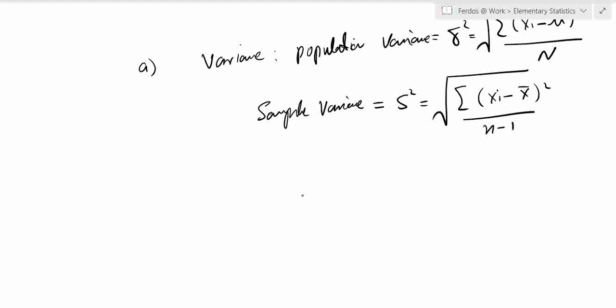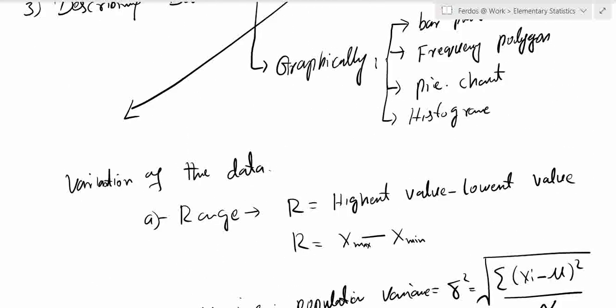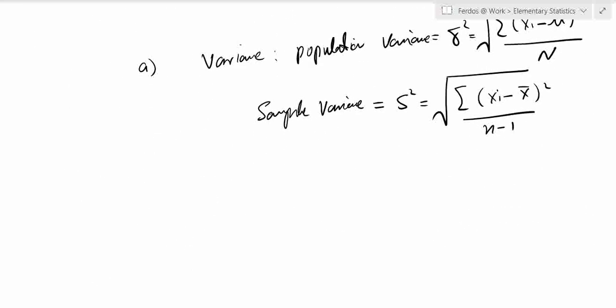Now we need probability. I think this is the fourth one.